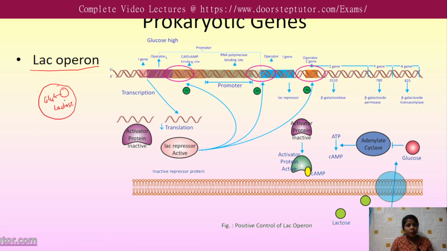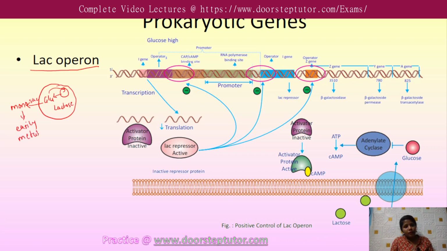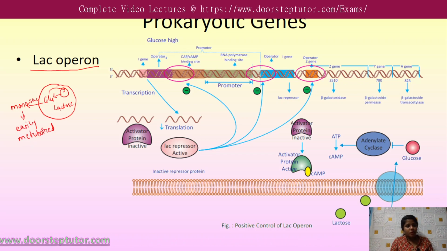It will take up glucose from the medium. But why is it so? Because glucose is the monomer or monosaccharide and it is easily metabolized, right? It won't have to be metabolized into its simpler form because glucose is itself a simpler form, right?